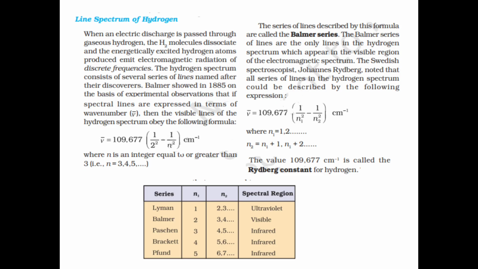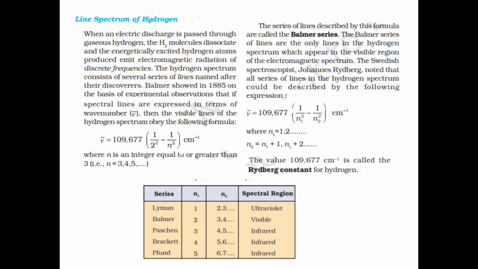For the Lyman series, n1 is equal to 1 and n2 is equal to 2, 3, 4, 5, 6, 7 and so on. The spectral region is the ultraviolet region. For the Balmer series, n1 is equal to 2 and n2 is equal to 3, 4 and so on, which is the visible region. For the Paschen series, n1 is equal to 3 and n2 is equal to 4, 5 and so on, which is the infrared region.